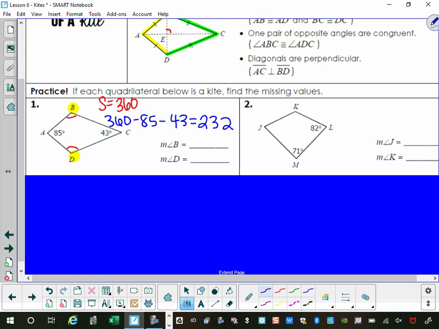So what do you get? 116. So Michael just told us that this is 116 degrees and this is 116 degrees. You have to be careful because in a kite, it doesn't mean that opposite angles are always congruent. It means that just two of them are congruent, not the ones on the long diagonal.